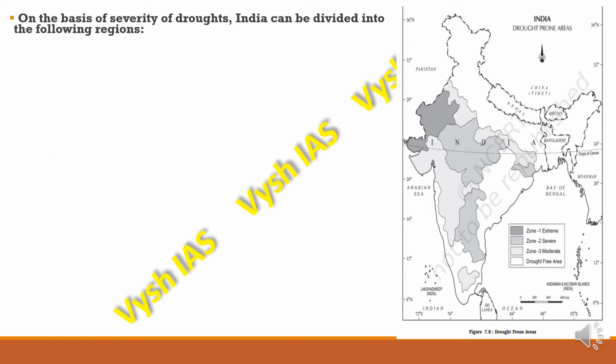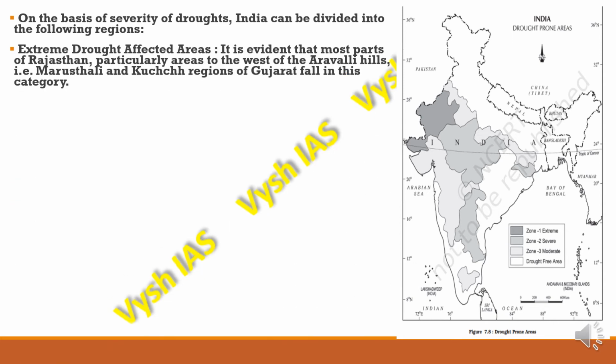On the basis of the severity of droughts, India can be divided into the following regions. Extreme drought affected areas: these are parts of Rajasthan, particularly areas to the west of the Aravalli hills, because we know that the Aravallis block the rain, and this west side is on the leeward side of the Aravallis and other mountain ranges.